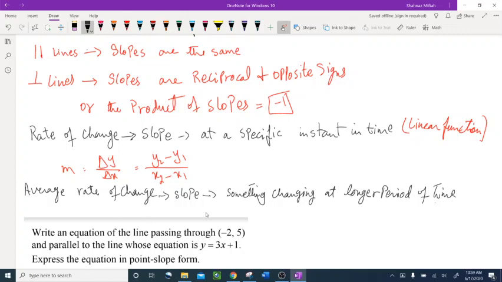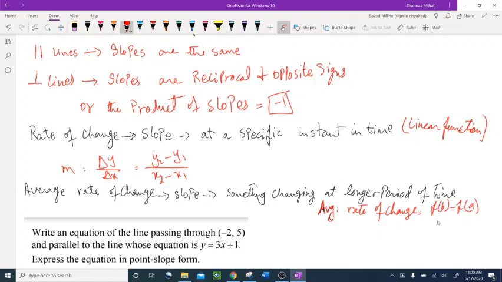And what is the formula for this going to be? It's going to be average rate of change equals f of b minus f of a over b minus a. What are a and b?